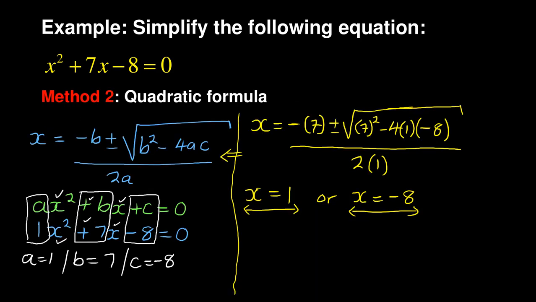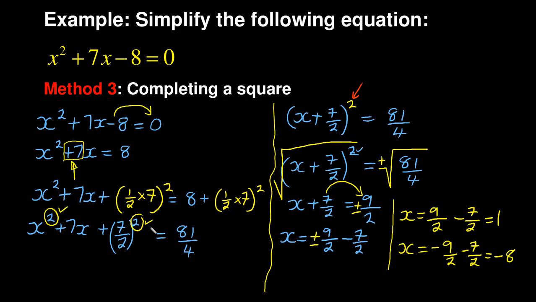So what I am showing you here are 3 different ways of simplifying a quadratic equation. As I said, the first one, you can use the product sum method. The second one, you can use the quadratic equation, and the third one is using completing a square.